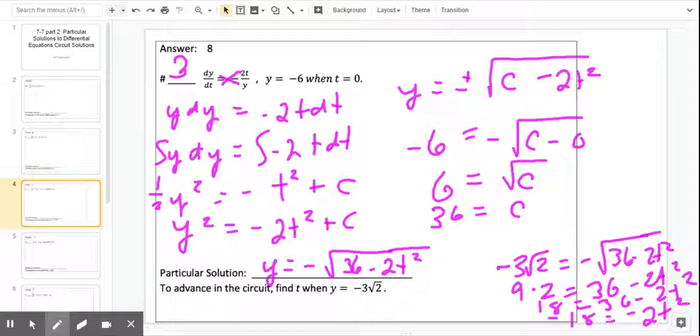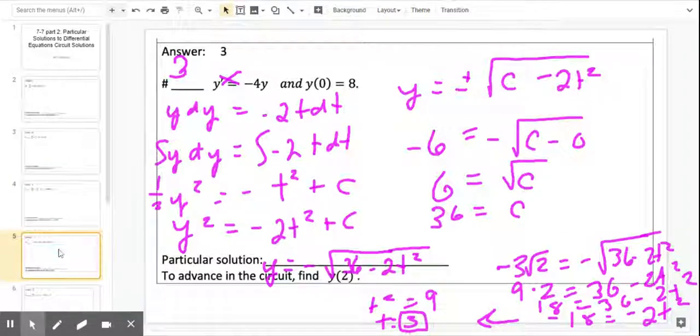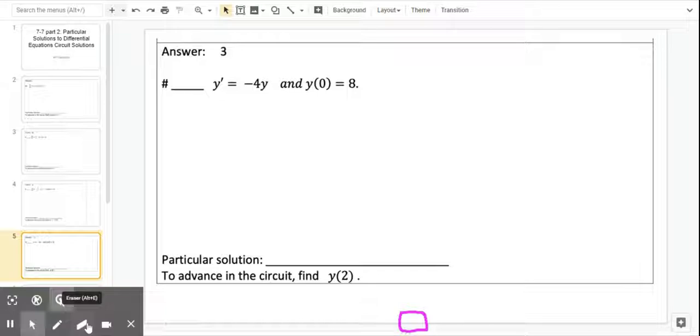I am going to go this way now. So then if we divide by negative 2 on both sides, we have t squared equals 9, which means t equals positive or negative 3. And what we'll find is an option of 3 here.